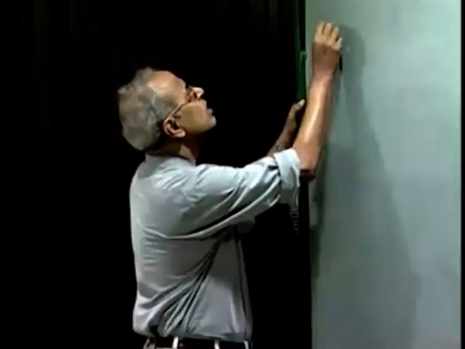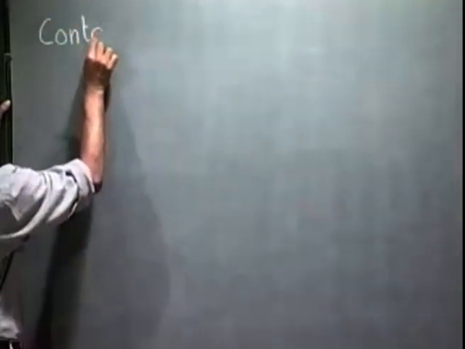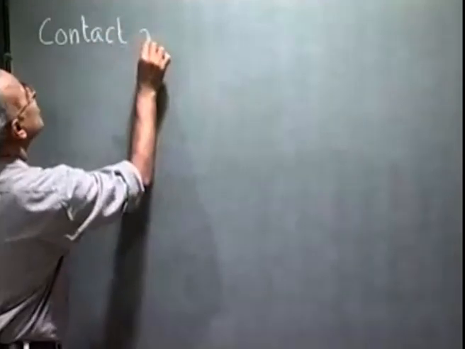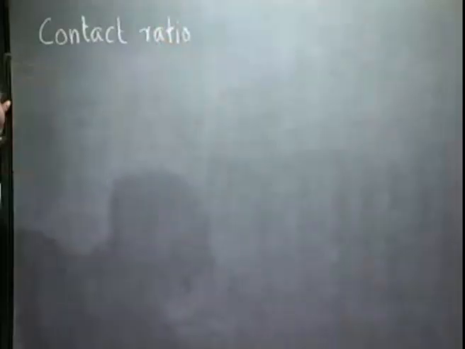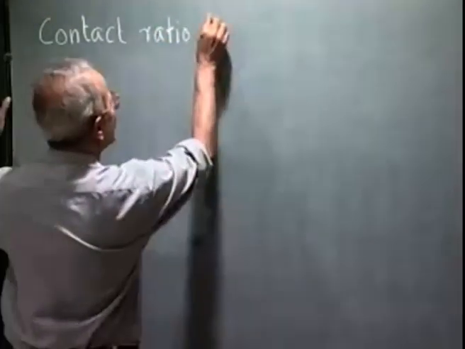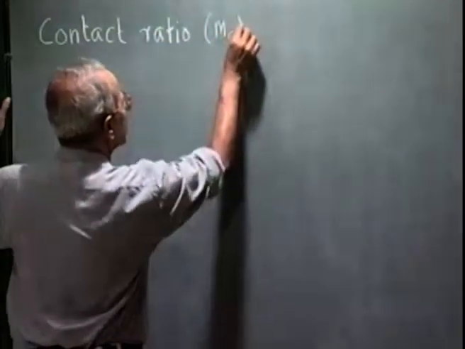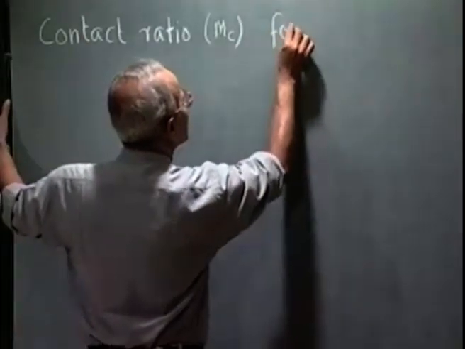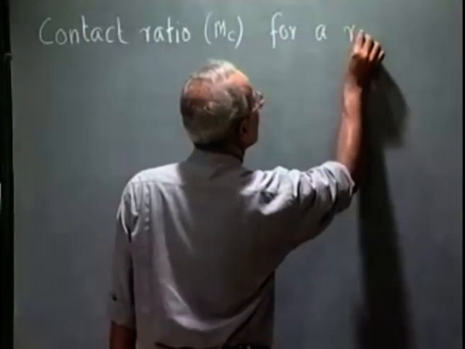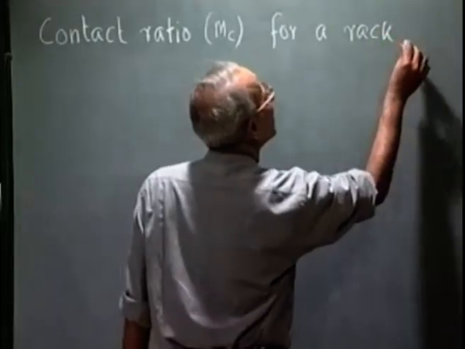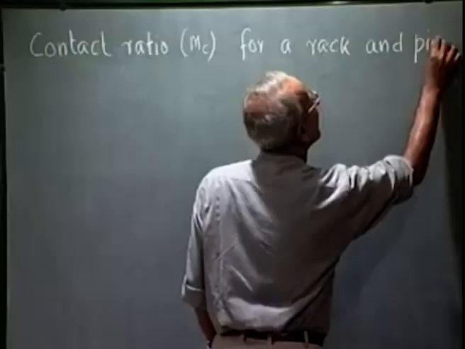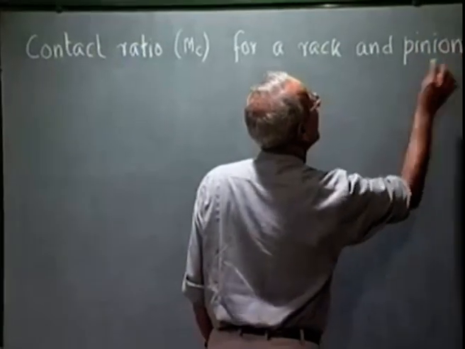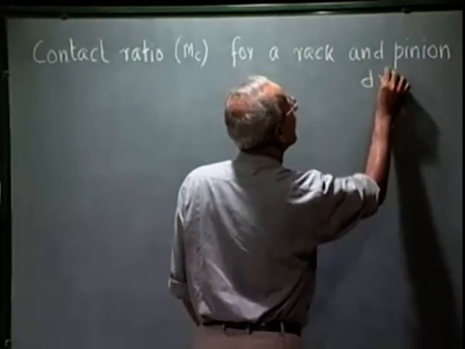So, contact ratio, we use the symbol MC, for a rack and pinion.